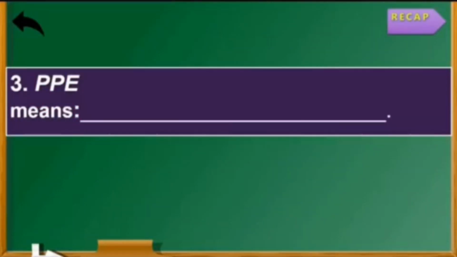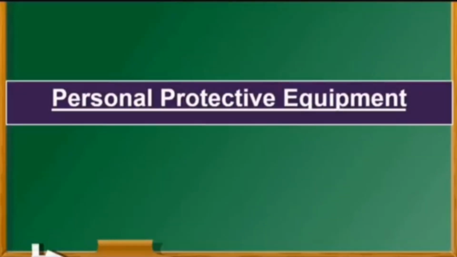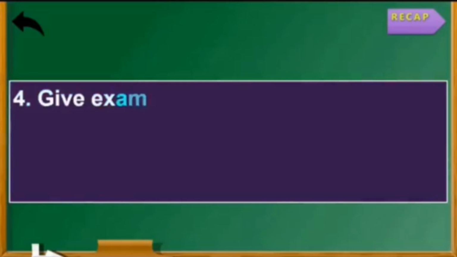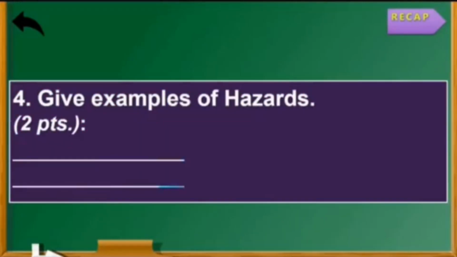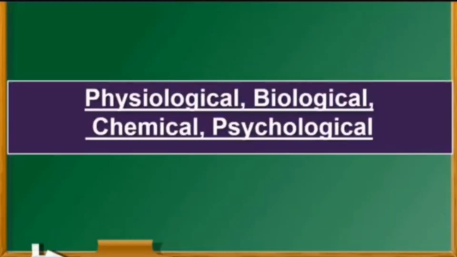PPE means personal protective equipment. Give examples of hazards. Hazards can be physiological, biological, chemical, and psychological.